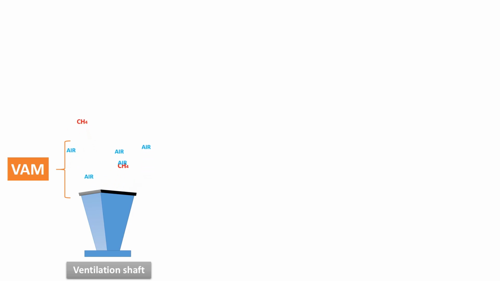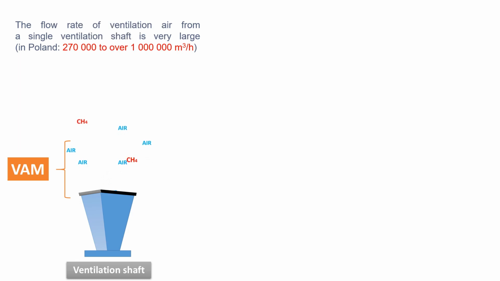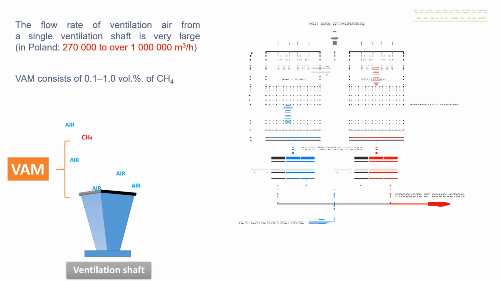It's a mixture of methane and air, the flow rate of which from a single shaft is very large. Although methane concentration in VAM is usually below 1%, such a lean mixture can be considered as an alternative fuel for energy production by applying modern combustion technologies such as VAMOXID.